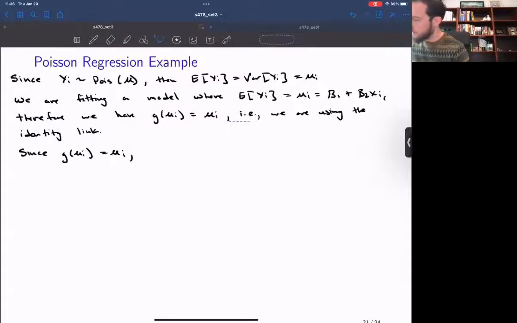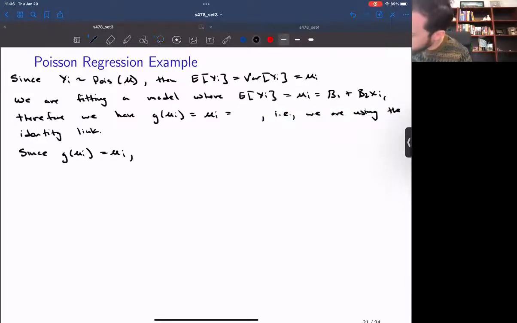We are saying g of mu i is equal to mu i, and that's the same thing as eta, right? So we let eta represent the link function. Since we are using the identity link, it follows that d mu i by d eta i is going to be equal to 1, because we're basically just saying the derivative of mu i with respect to mu i, which is going to be 1 in this case. So that's the first thing, which makes this pretty clean.